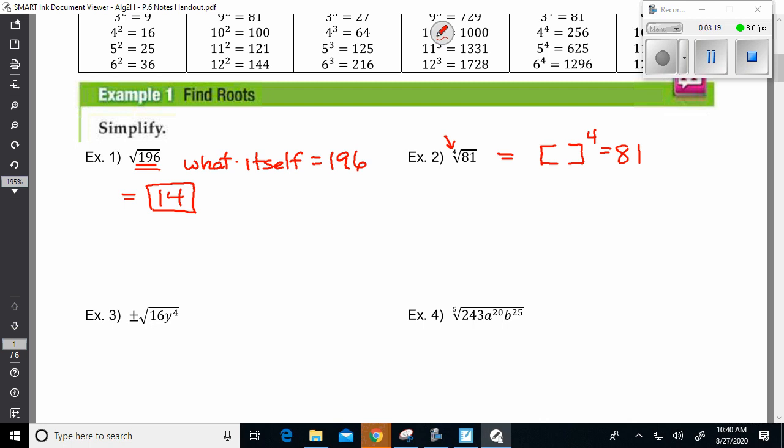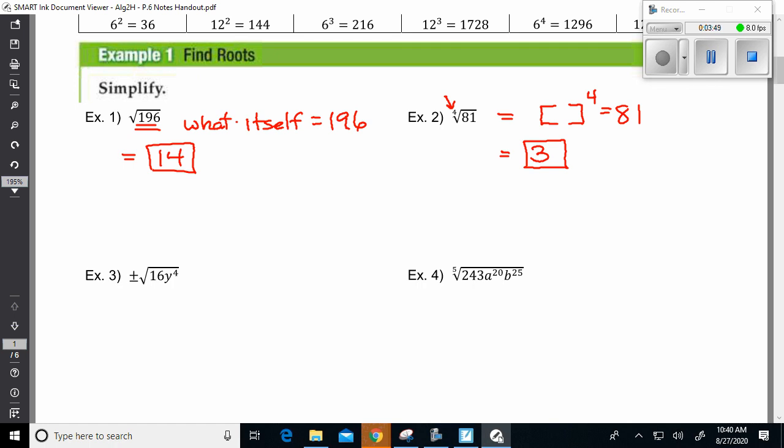In this case, that's 3. 3 times 3, 9. 9 times 3, 27. 27 times 3, 81. So, numbers, not that difficult. So now we bring in variables.